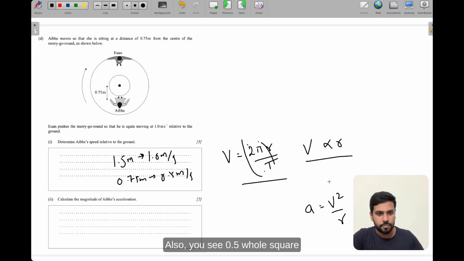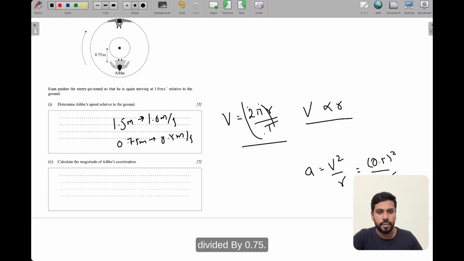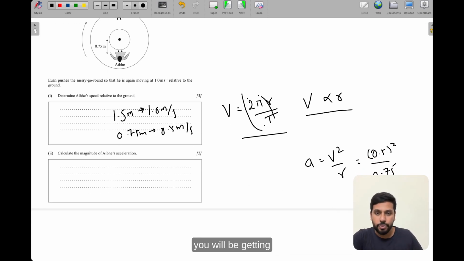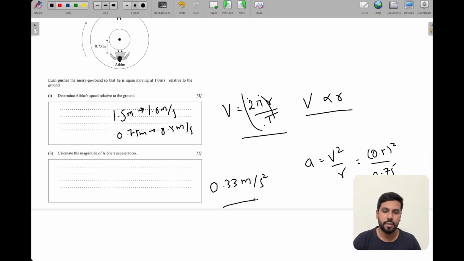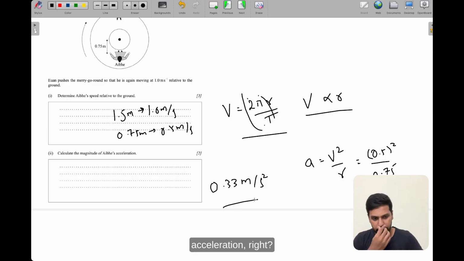So 0.5 whole square divided by 0.75. Students, you will find that you will be getting the acceleration around 0.33 meter per second square. This is the magnitude of ape's acceleration, right?